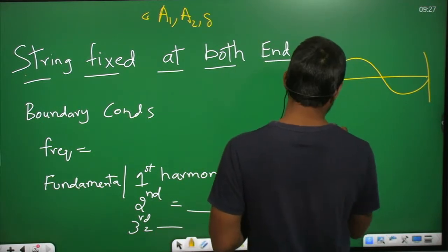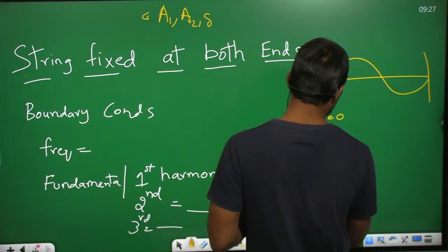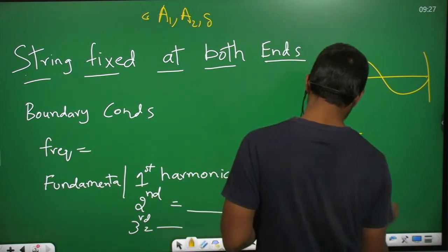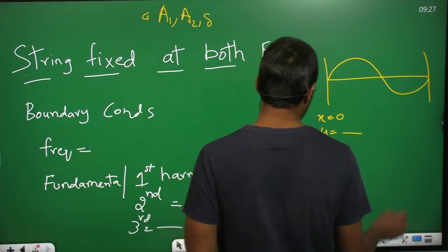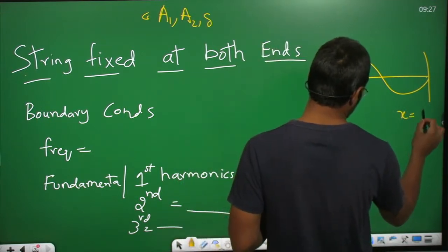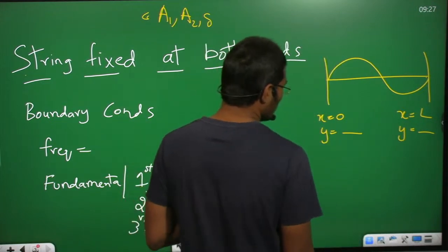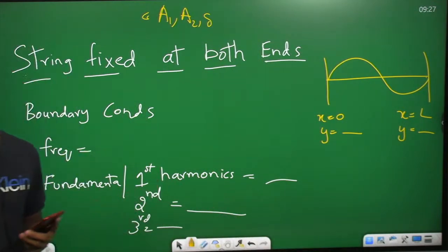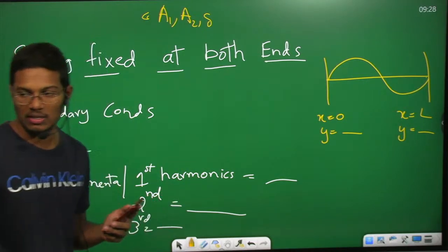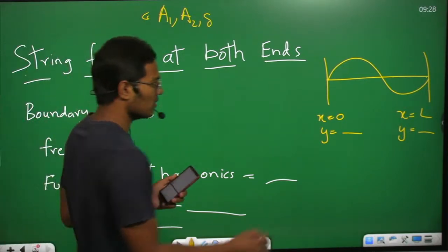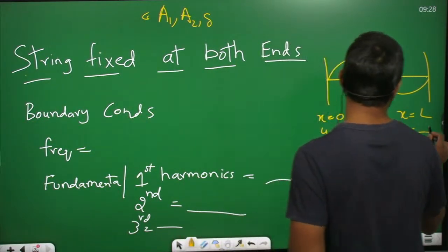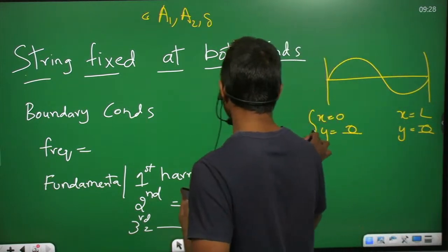So at x equal to 0, what is y? And at x equal to L, what is y? These are boundary conditions, okay? So what is y at x equal to 0? Y is nothing but amplitude, 0. Same is the case here. So these two are boundary conditions.